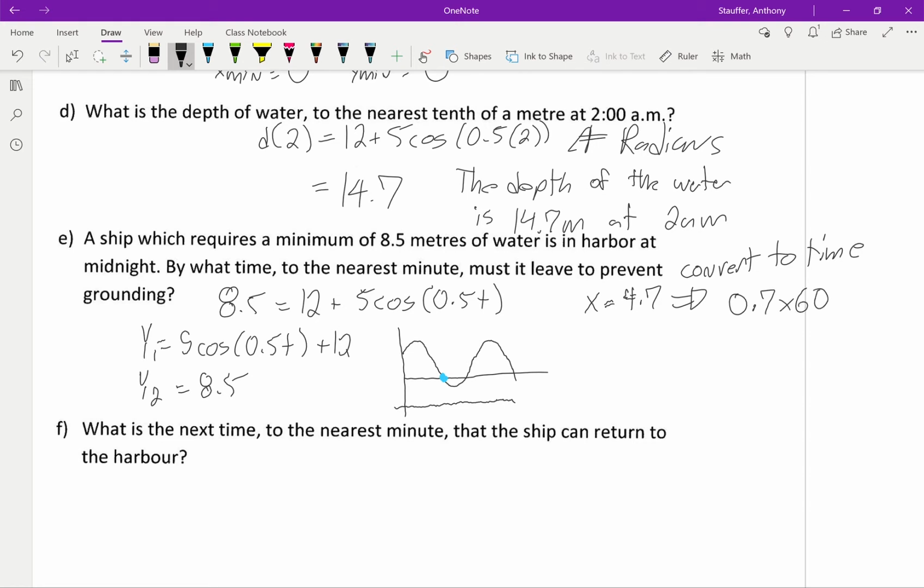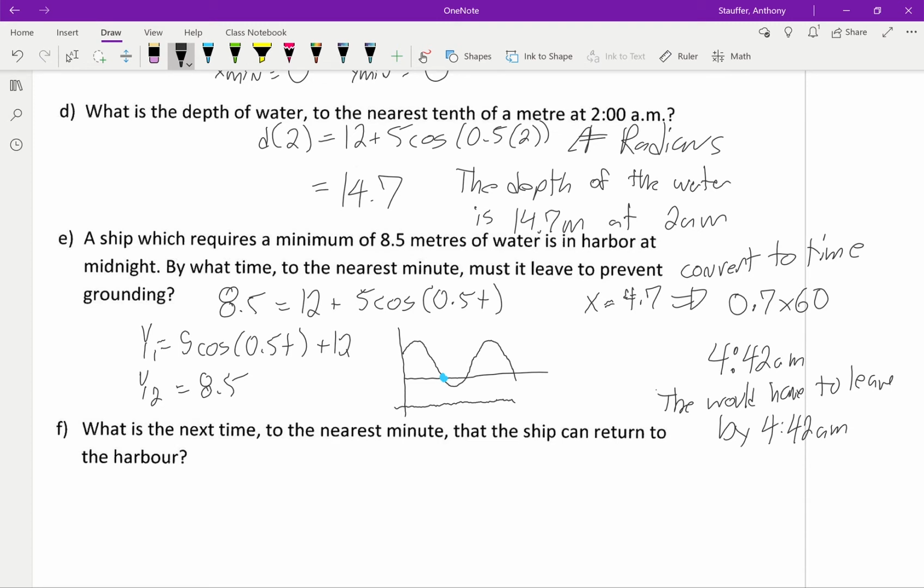So I multiply that 0.7 times 60, and that gives me 4:42 a.m. So the ship would have to leave by 4:42 a.m.